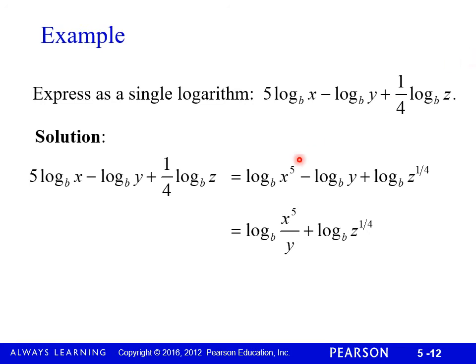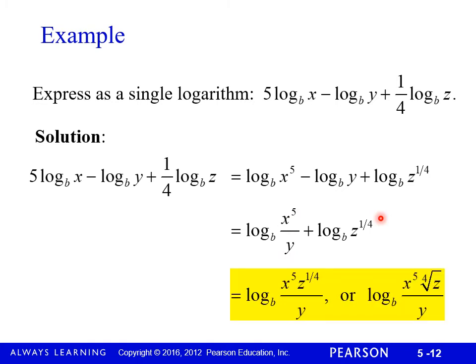So I have x to the 5th over y plus the log of z to the 1/4. Well, remember again, when I'm adding things, this becomes part of a product. So I'm going to multiply this argument, x to the 5th over y, by z to the 1/4, which puts it in the numerator.